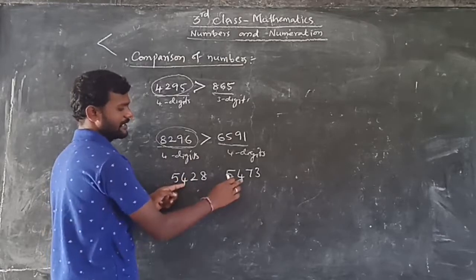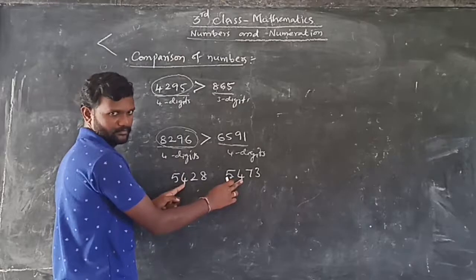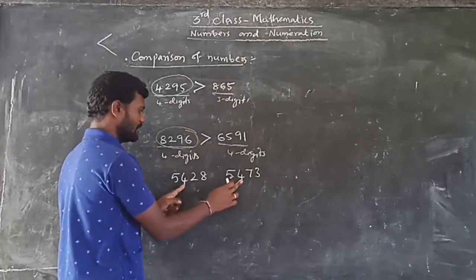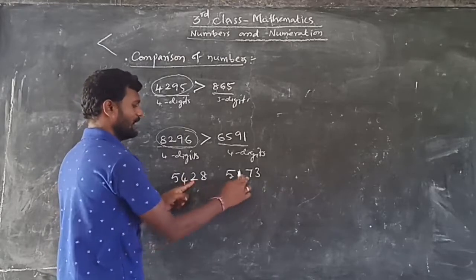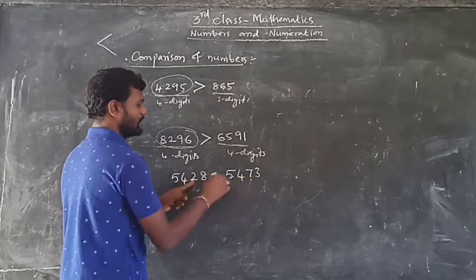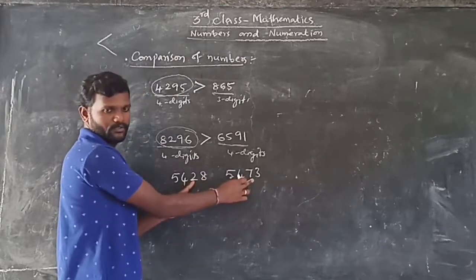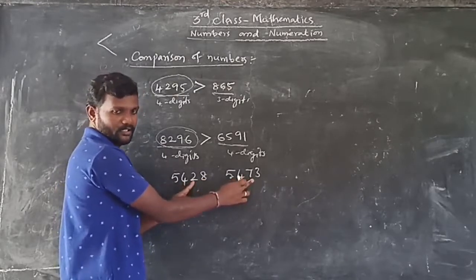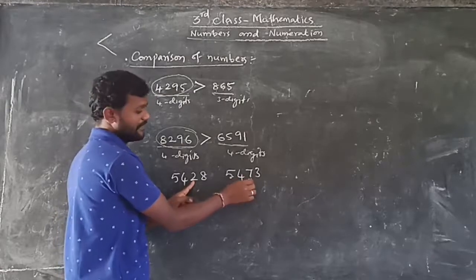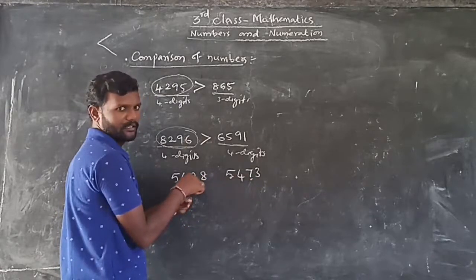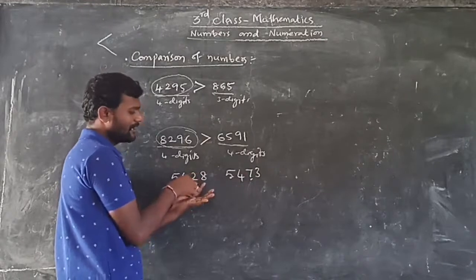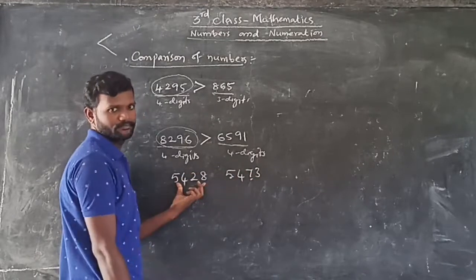4, and the second number here is also 4. Same. So go to the next number. 2 and 7. These are different here. Which is bigger? 7 is bigger, 2 is smaller. So this is smaller and this one is the bigger number.